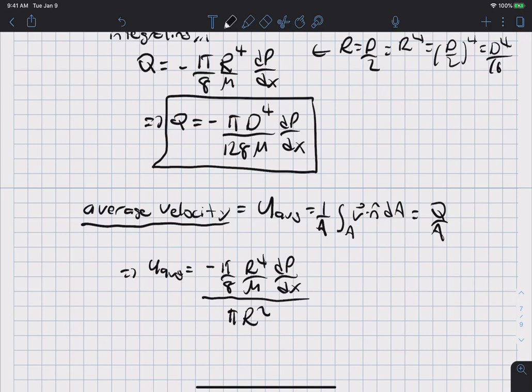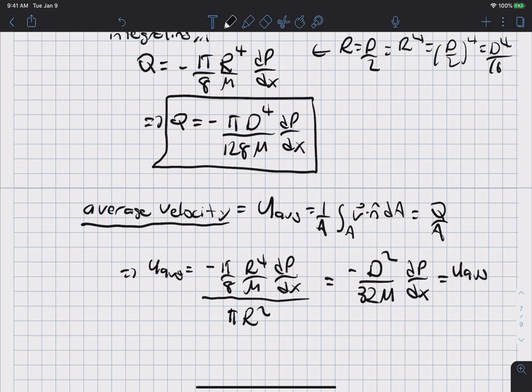And so this equals minus, if you substitute in the diameter for the radius, D squared over 32 mu times dp dx. That equals U average.